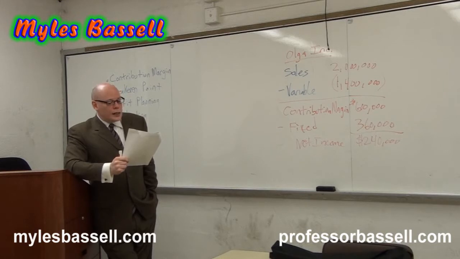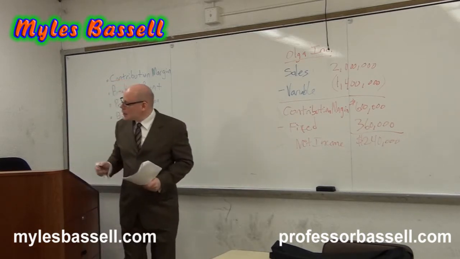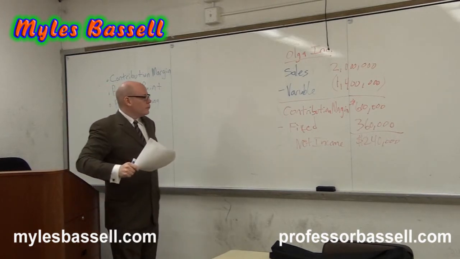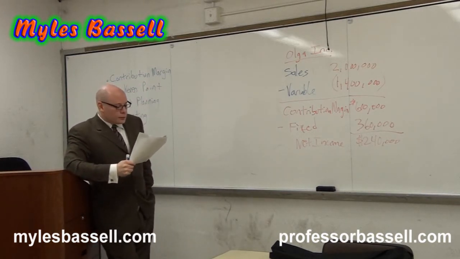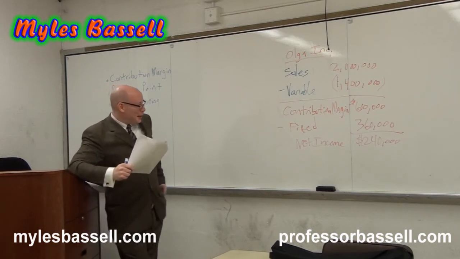And the question is, what is the company's contribution margin ratio? How do we calculate that? Divide 2 million by 600,000, or 600,000 by 2 million? It's the other way around.